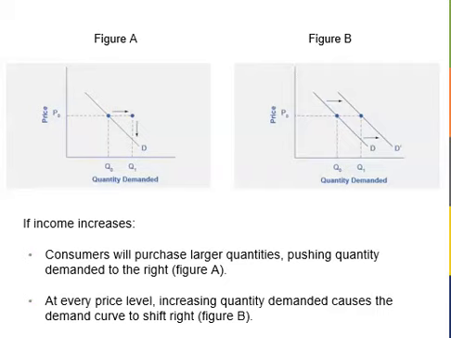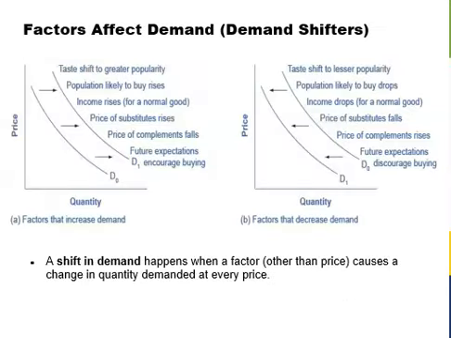There are more factors that affect demand. They are called demand shifters, again, because they shift the demand curve to the left or to the right on the graph. These demand shifters are taste or preferences, number of buyers or population, income, price of substitutes, price of complements, and expectation about the future.